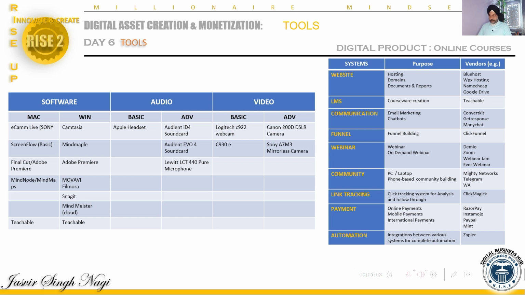But from a software perspective, for an online course, you will require basically three. One is either you use a PPT, like I'm using, or you require a mind map. A PPT can be done through a PowerPoint presentation, and a mind map, which I have not used, I can demonstrate at the right time.